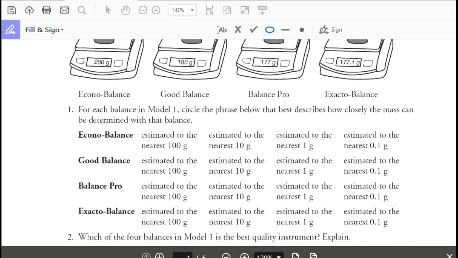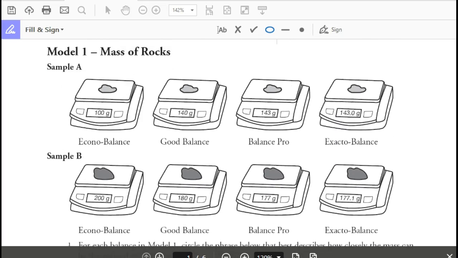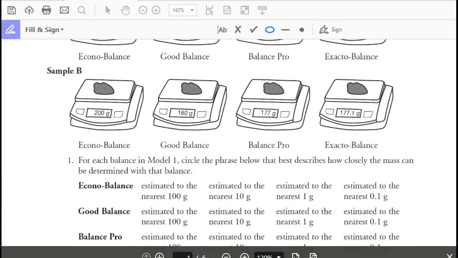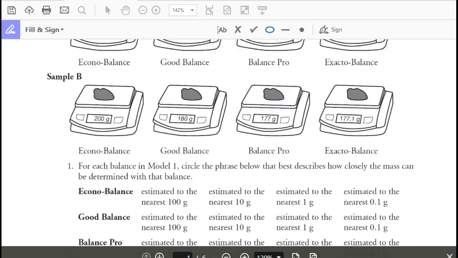Okay, so the first one, it says, for each balance in Model 1, circle the phrase below that best describes how closely the mass can be determined with that balance. So if we look at the balances, it's asking for the Econo balance, a good balance, balance pro, and exacto balance.